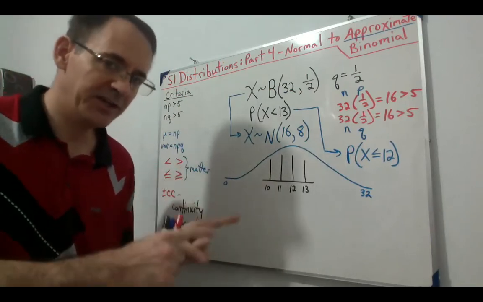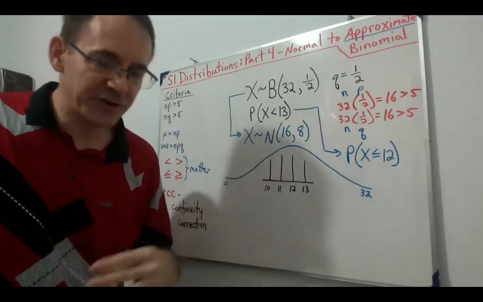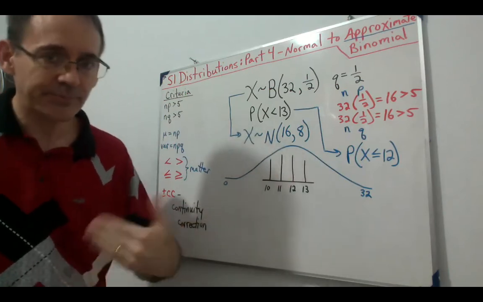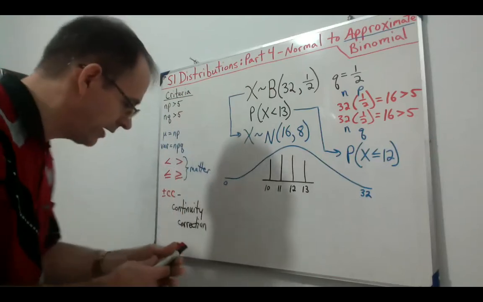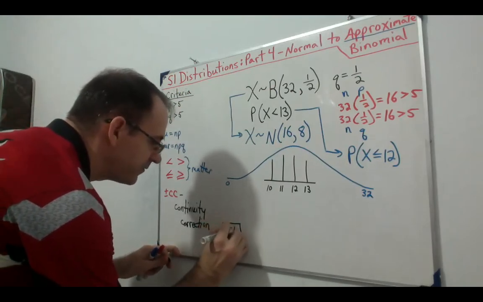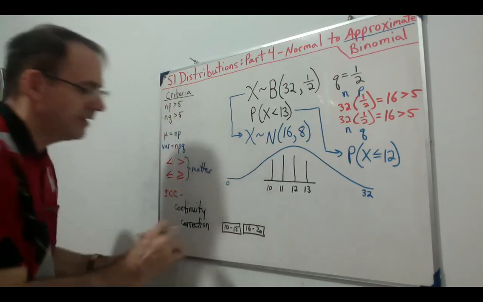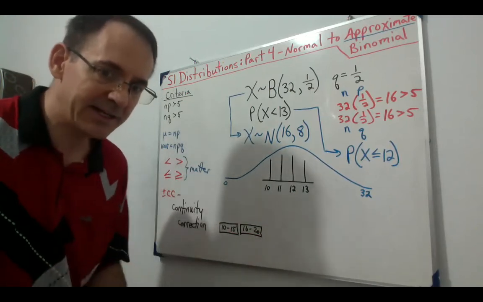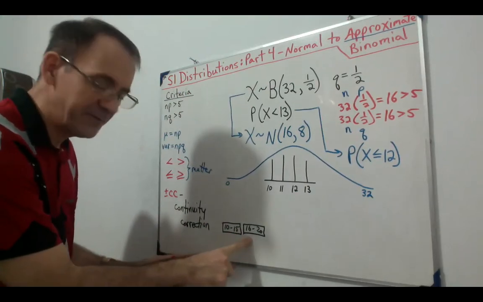You did this back with histograms and cumulative frequency graphs where they give you group data, and the first thing you had to do was look at the group data and see if the data was discrete or continuous. If it was discrete, you had to put that plus or minus 0.5 on both sides of the group. For example, if you had a group from, say, 10 to 15, and then the next group went from 16 to 20, if you're doing histograms or cumulative frequency that require continuous data, you would first look at the groupings and say, oh no, there's a little gap between 15 and 16.